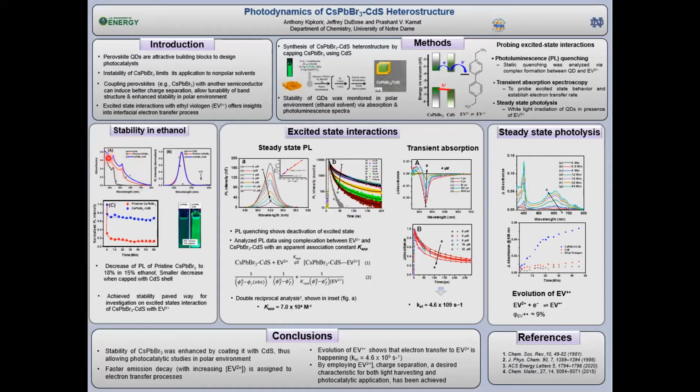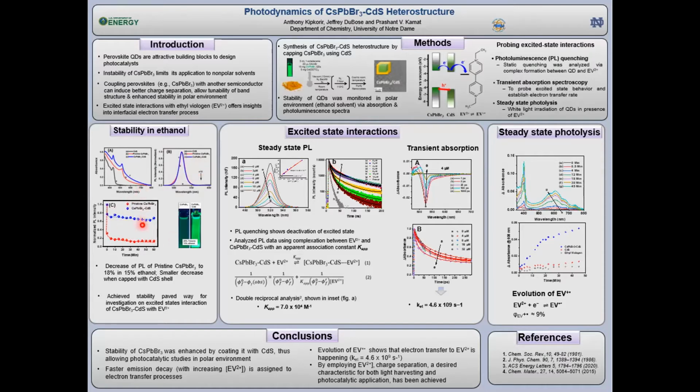And as you see, when you cap it with CdS, what happens is just an enhanced absorption because of the introduction of this extra exciton peak corresponding to that of CdS, but nothing is happening to the PL spectra. It just remains the same, even the width or the bandwidth remains the same. So we are not introducing other features to the perovskite, but just enhancing its workability.